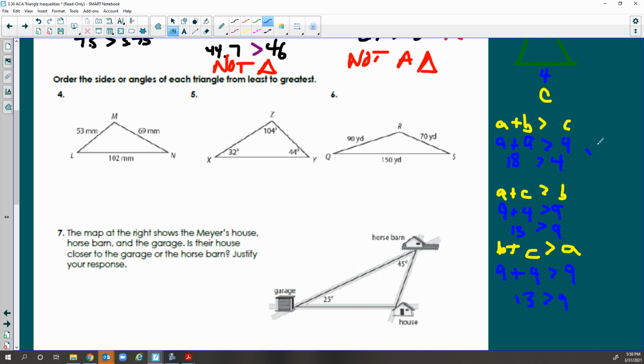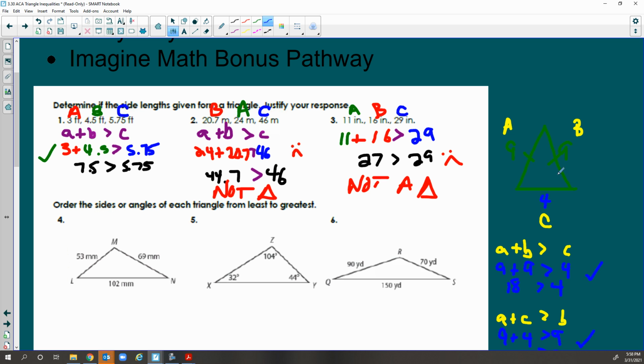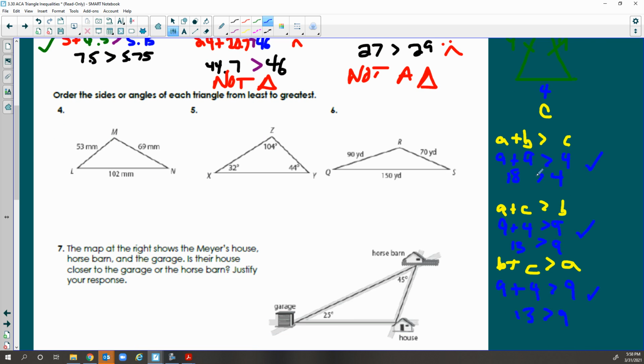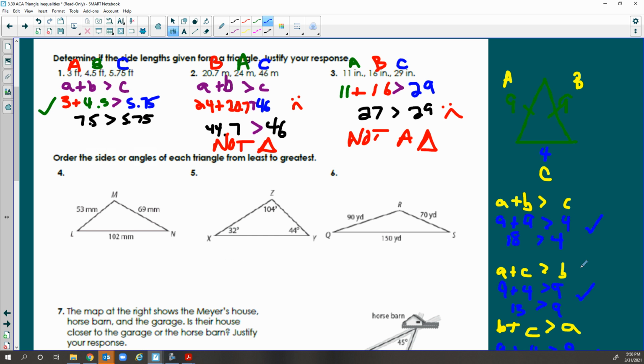So because that one worked, this one worked, and this one worked, Mr. C's quick example triangle is in fact a triangle. If one of these did not add up to be greater than the number that was being compared to, we would have to say, no, it's not a triangle.